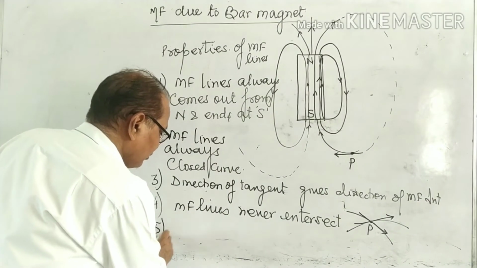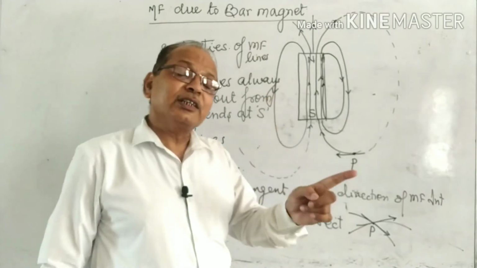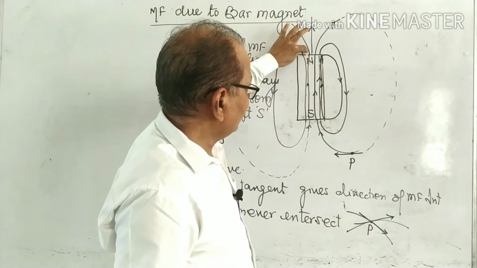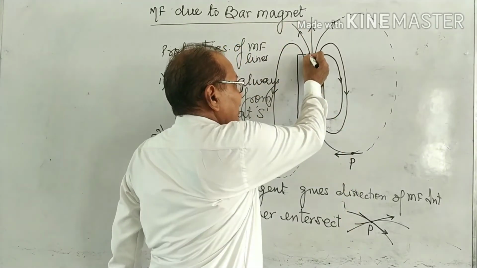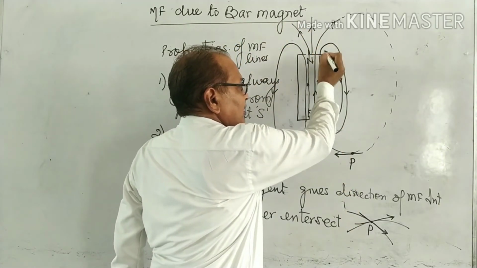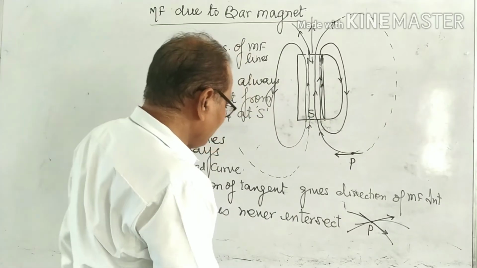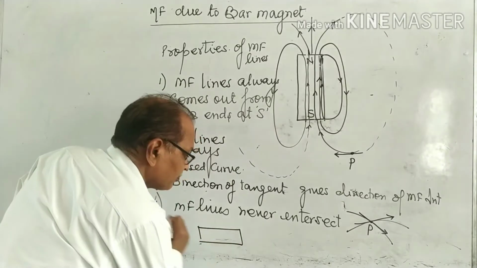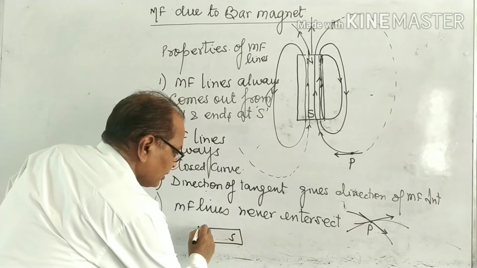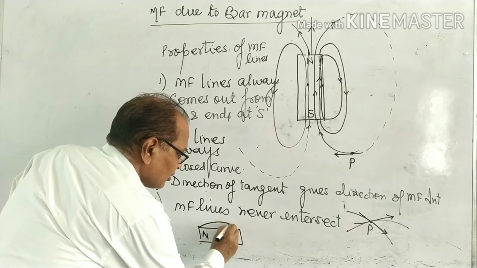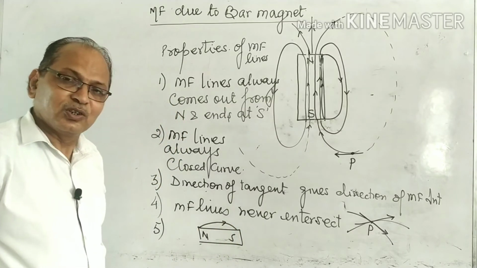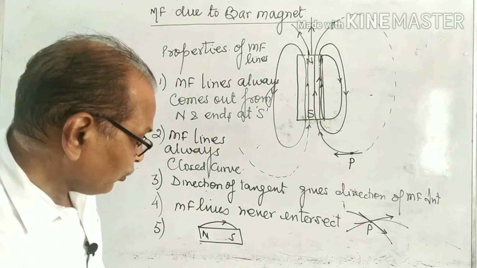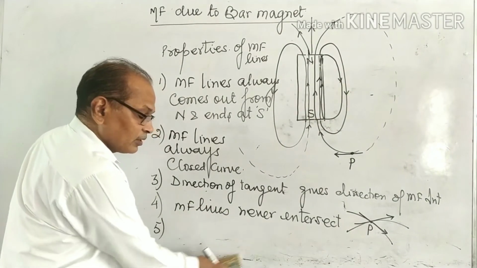Next, fifth, they always originate perpendicularly. All magnetic field lines originate perpendicularly. It is not possible that, if this is a magnet with north and south, the field lines are like this. No, it is not so. Magnetic field lines are not like that, therefore it is not possible.